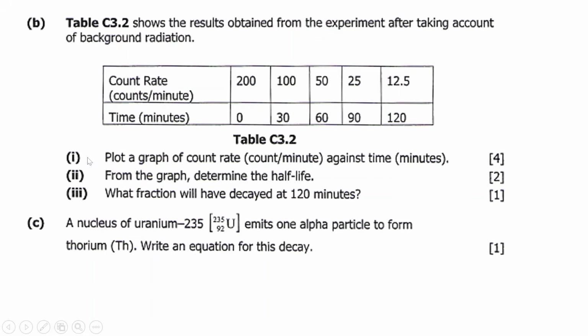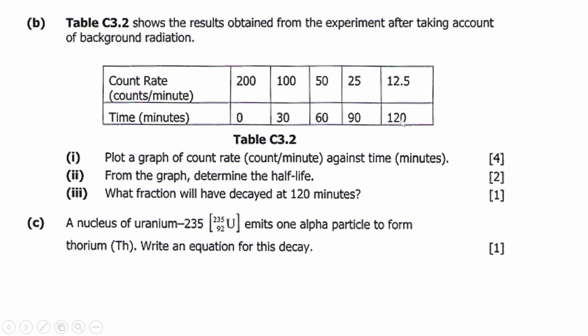Then Roman numeral 1, plot a graph of count rate, in counts per minute, against time in minutes, 4 marks. Then Roman numeral 2, from the graph, determine the half-life, 2 marks. Then Roman numeral 3, what fraction will have decayed at 120 minutes?